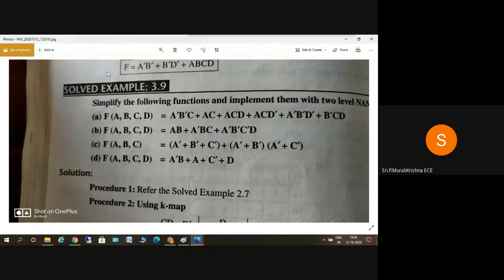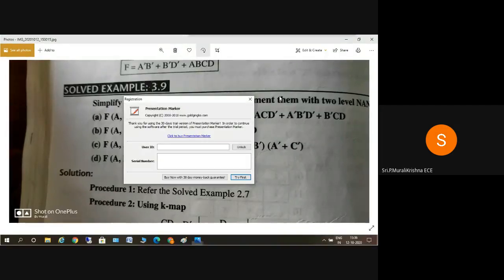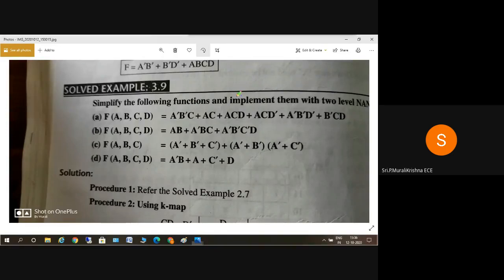Minimize these equations using Kmap. Simplify the following functions using Kmaps. Take all these expressions here.